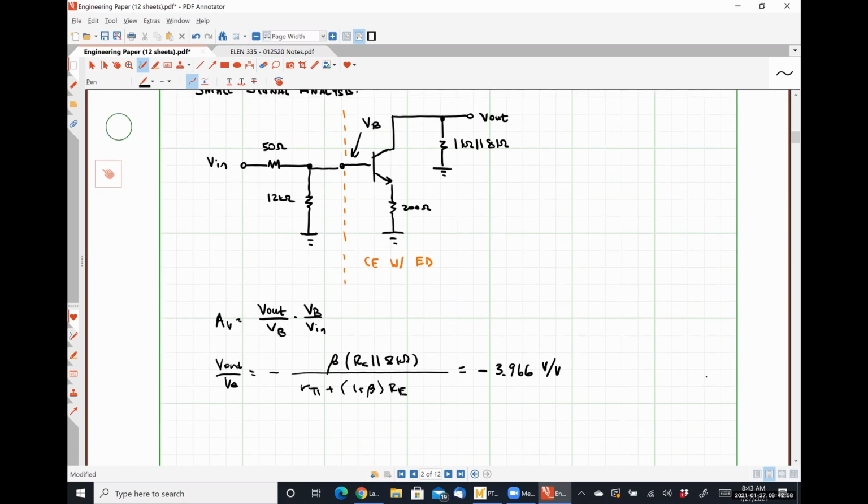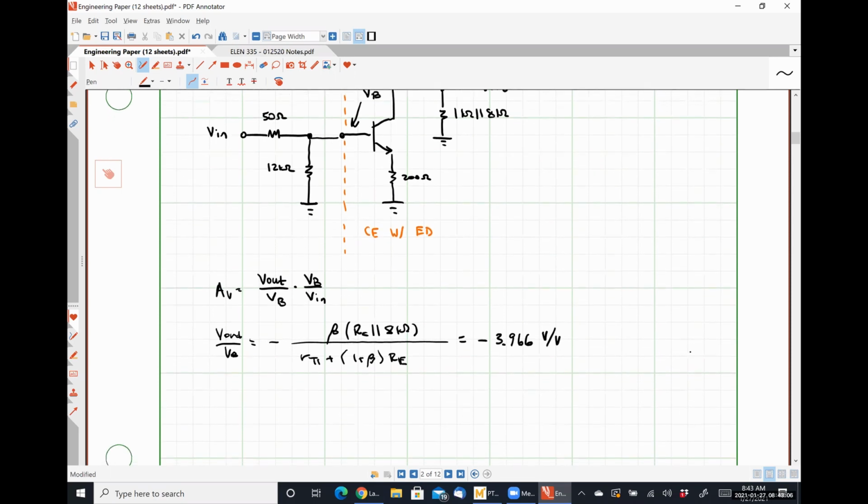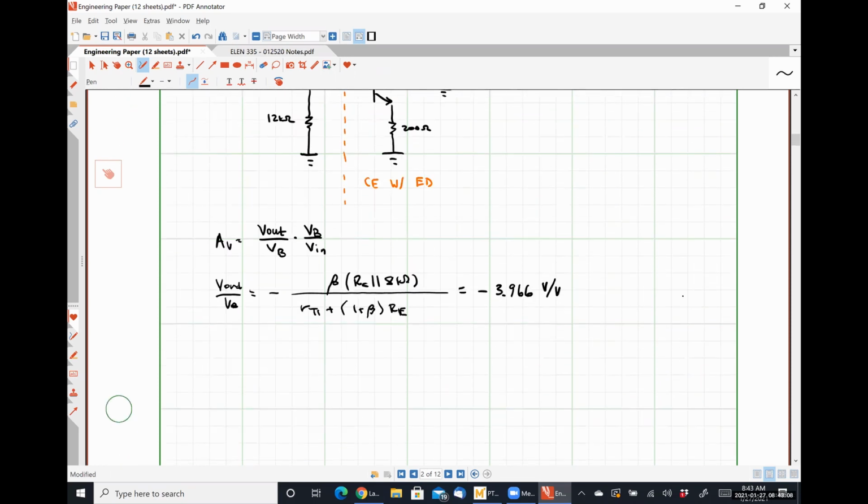So now we need to develop a relationship for determining the ratio of VB to VN. So from the perspective of my input signal, VN, it sees that base resistance of 50 ohms, here is my 12 kilo ohm resistance.